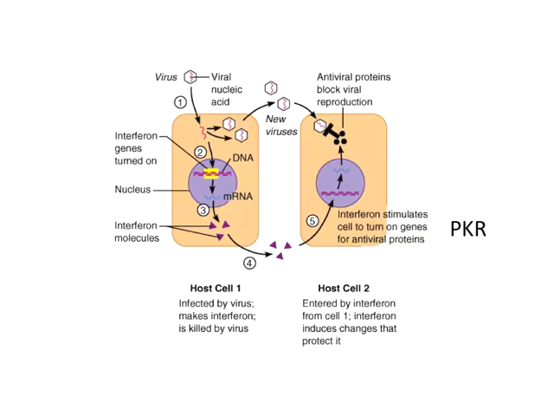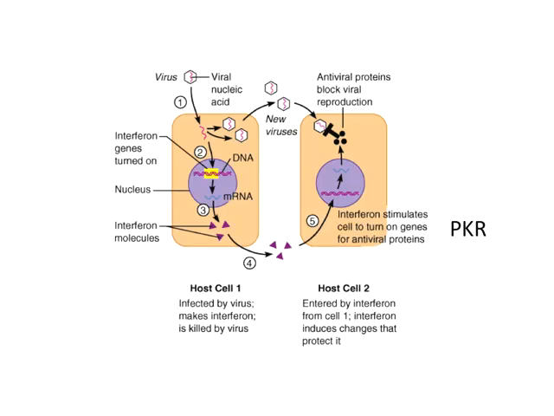Now the PKR response is an antiviral response of the cell. So on the left here we have a cell being infected by a virus. The cell senses that it's been infected. How it does so we'll talk about later on. And one of the responses to the presence of virus in the cell is that the cell makes interferon. Interferon is a protein, a series of proteins that are involved in establishing an antiviral state in cells.